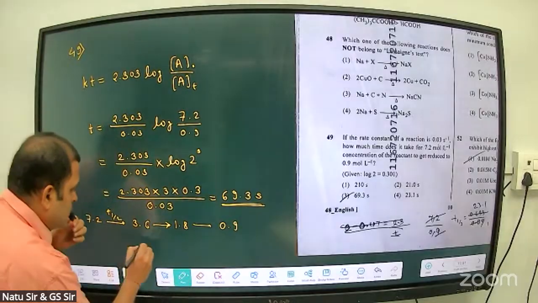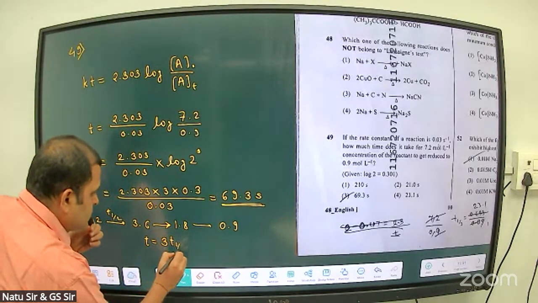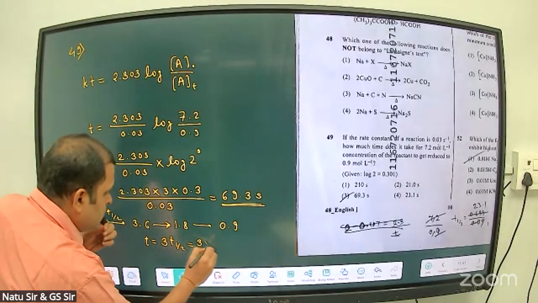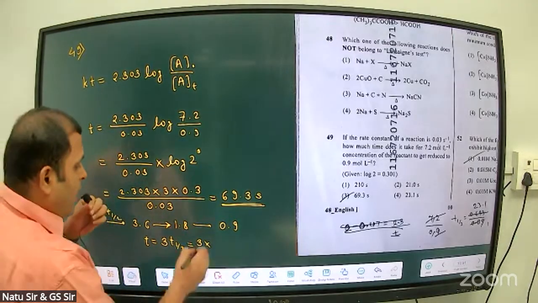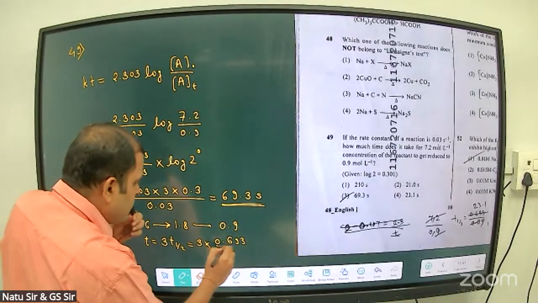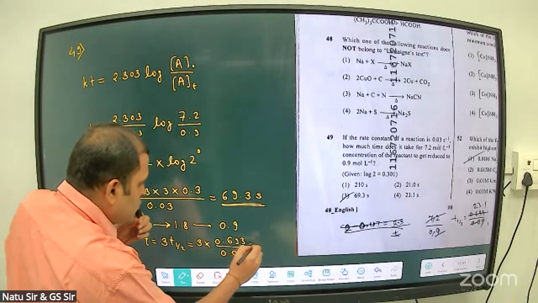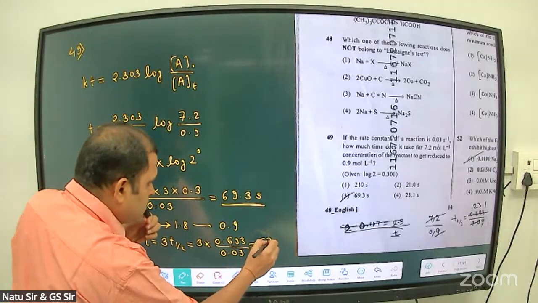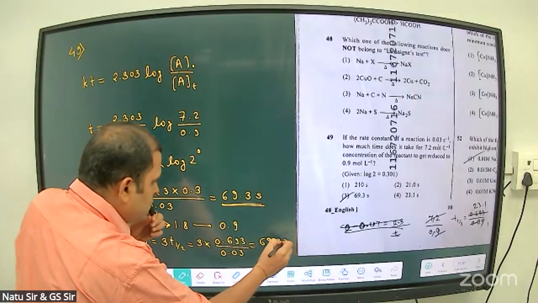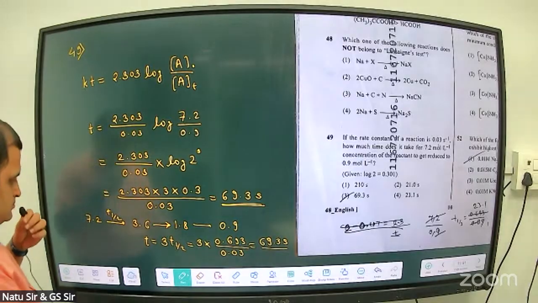So this total time will be 3 times t half. So 3 into half life, which is 0.693 divided by 0.03. This also comes exactly the same, 69.3 seconds. Which option? Okay.